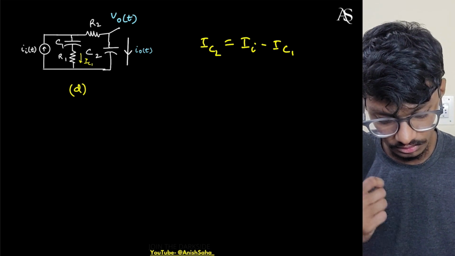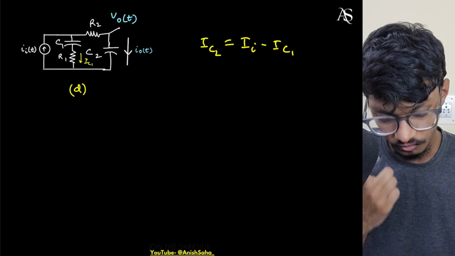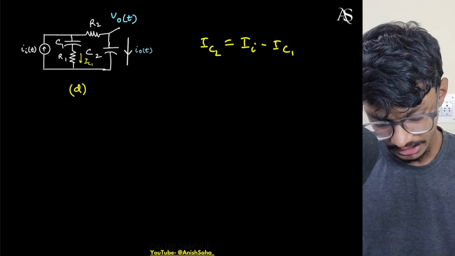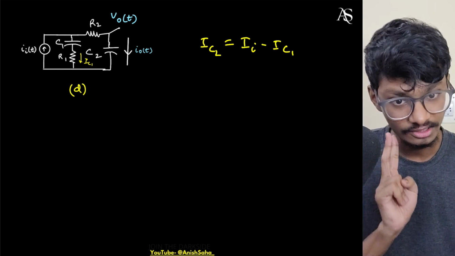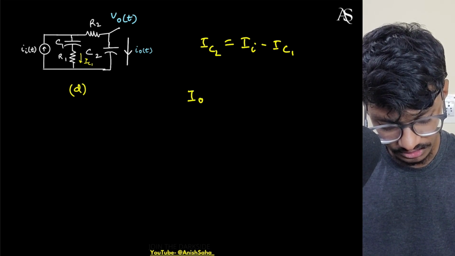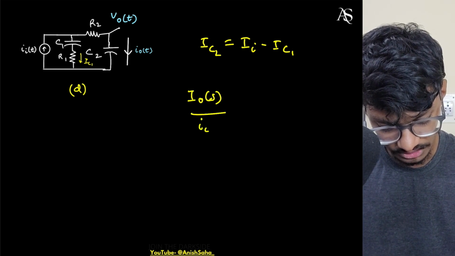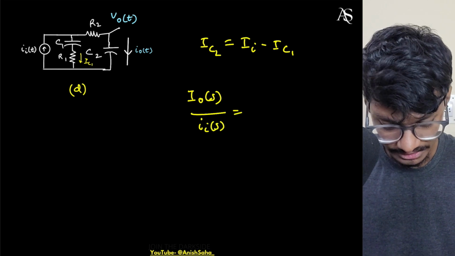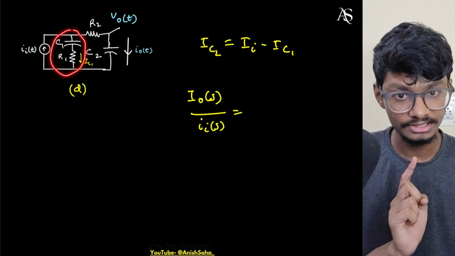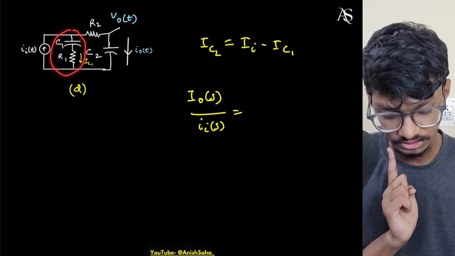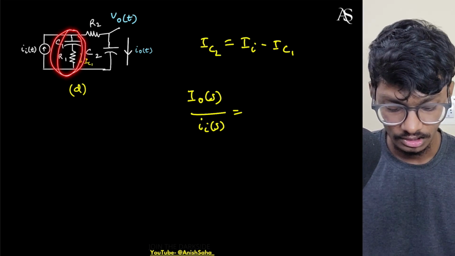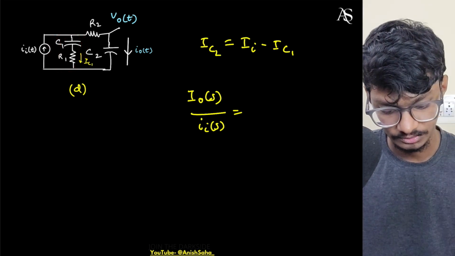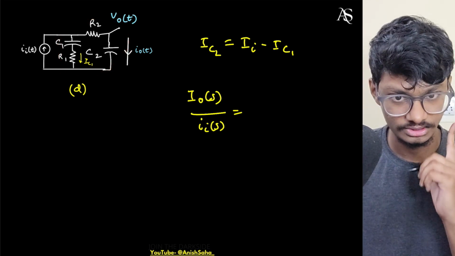So they are dependent in terms of current, and my current transfer function IO(s)/II(s) will be first order. I can also say that there is a zero at minus 1 by R1 C1, because this short circuits and goes to 0. And obviously there can be only one zero at max, because this is a first order circuit.